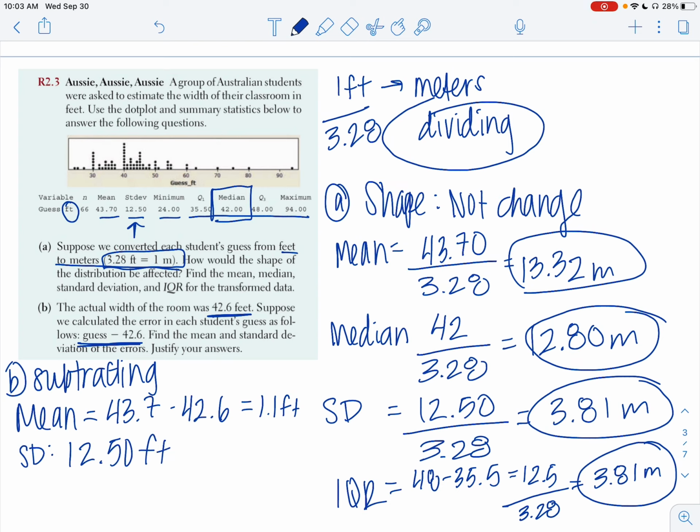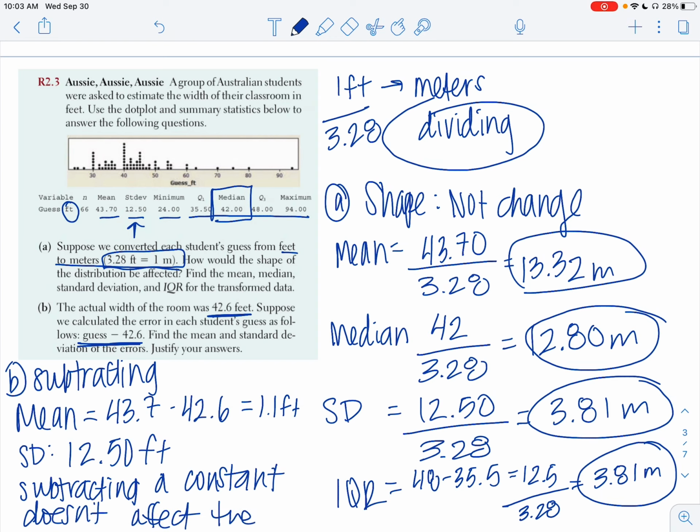It's not going to change even if we're subtracting. So subtracting a constant does not affect the spread. All right, so that's number 3.